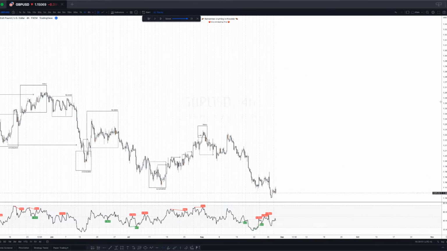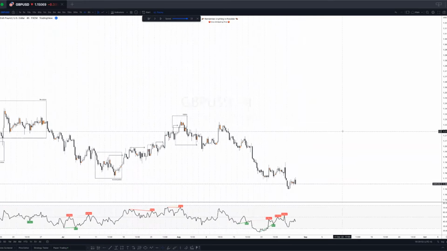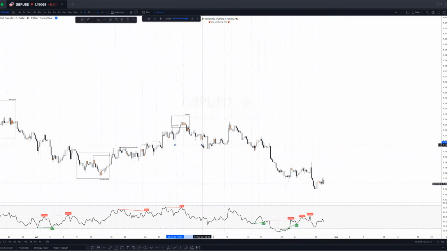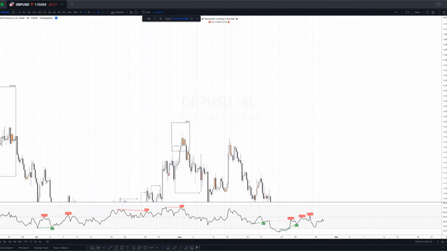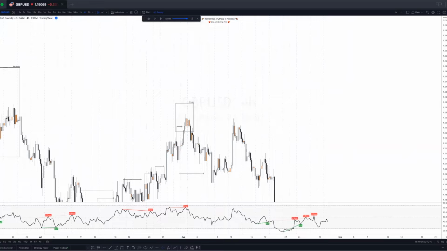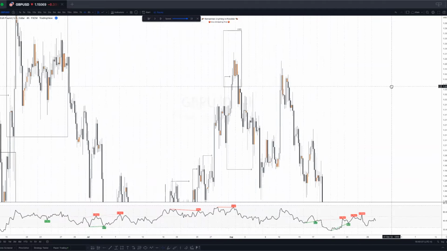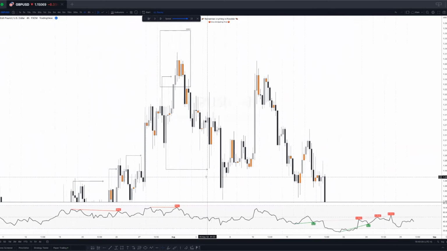So it tried to, AKA reaccumulate, but failed to. Oh, hold on, is that the break? Is that the break? Nope, nope, no. Came down and gave a quote unquote double bottom.